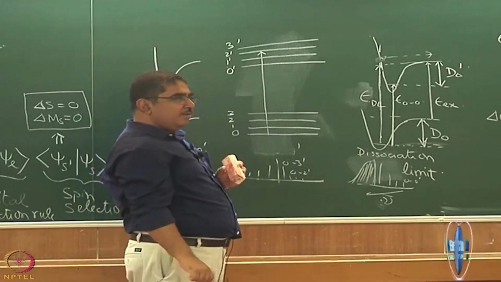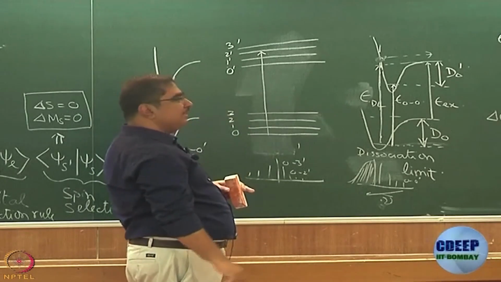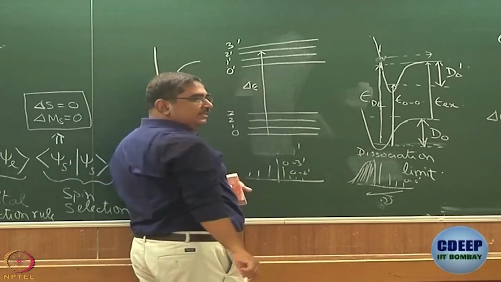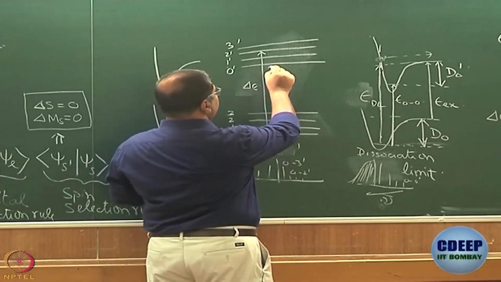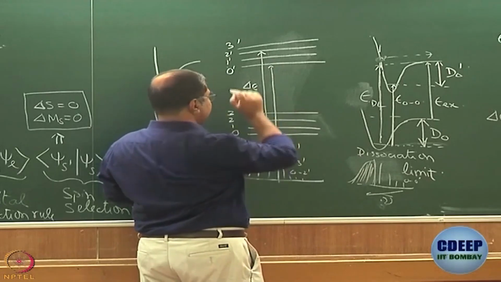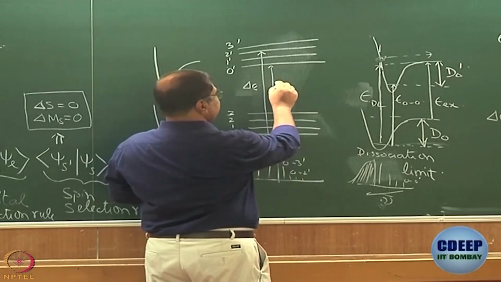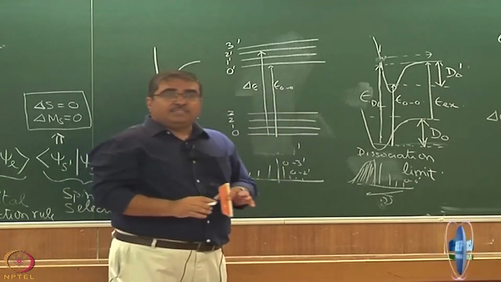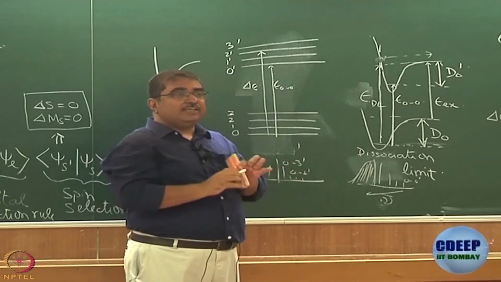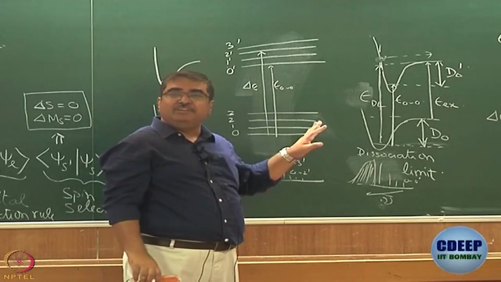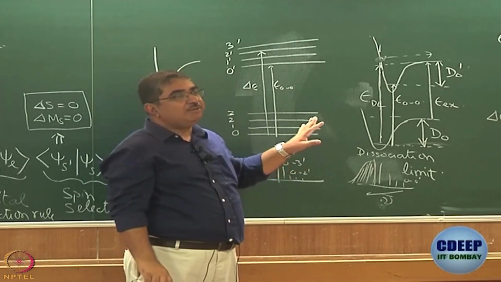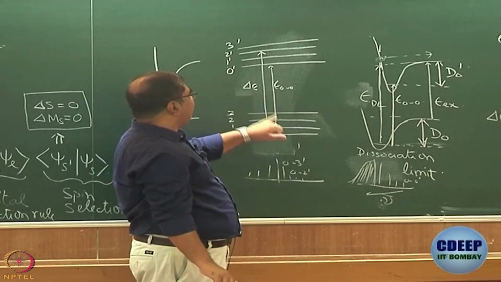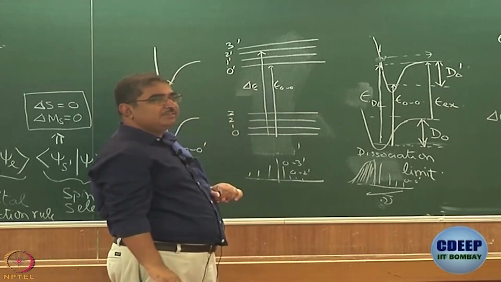What is the energy of this transition? I am saying this is delta epsilon. What is delta epsilon? This here is epsilon 00. It is needless to state once again that all upward transitions have to begin at V equal to 0, right? Only V equal to 0 is populated in the ground state. So delta epsilon is epsilon 00 plus what?